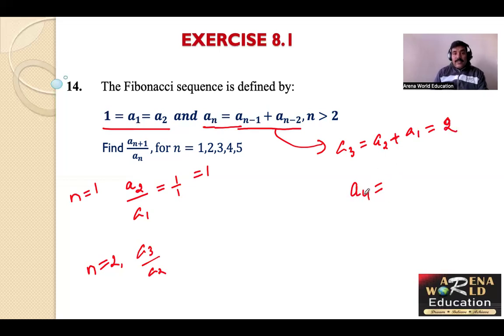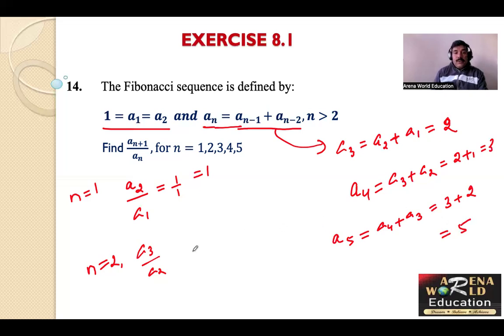Now moving to the next one, a4. a4 is a3 plus a2. a3 we have already calculated as 2. So it will be 2 plus 1, and that is 3. Right? So the next one is a5, and a5 is a4 plus a3. a4 is 3, and this is 2. So 3 plus 2, 5.